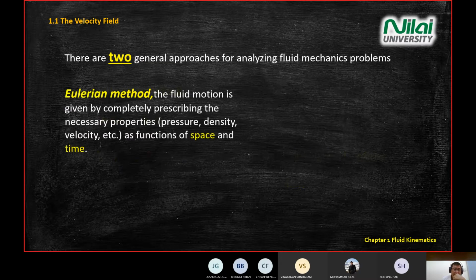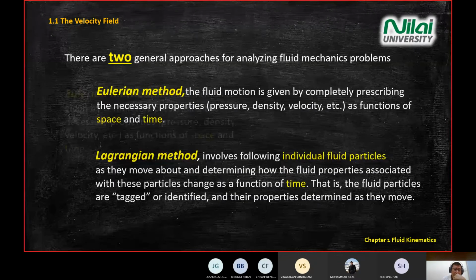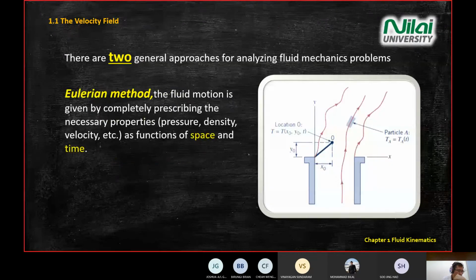Now if you look at your tutorial question number 8, there's a diagram there, which is on the slide here. You will see there's a sensor on the left. There's a probe there, which is stationary. And on the right-hand side, we don't have any probe.